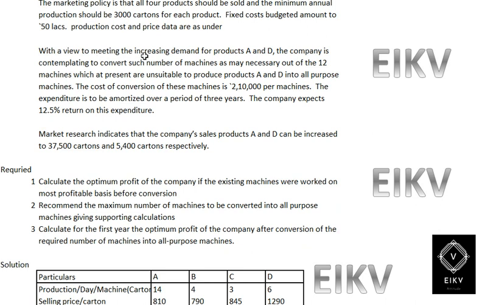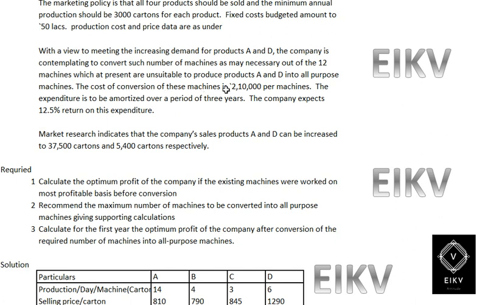With a view to meeting the increasing demand for products A and D, the company is considering converting such number of machines as may be necessary out of the 12 machines, which at present are not suitable to produce products A and D, into all-purpose machines.